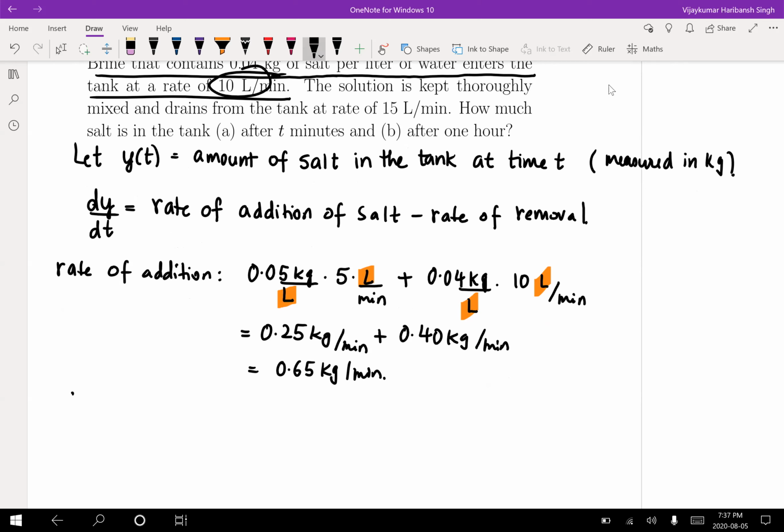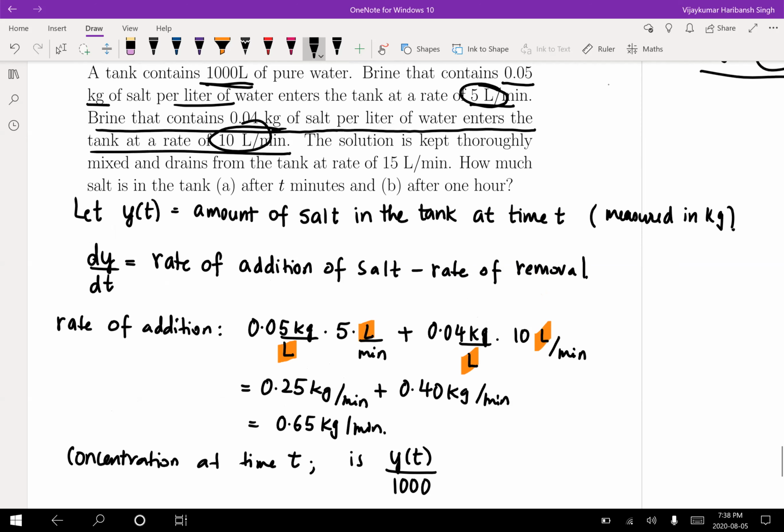So concentration at time t. We are saying the 15 liters of this mixed water is going out, so what is the salt in these 15 liters? First we need to know how much salt is in 1 liter. So concentration at time t is y of t divided by 1000. Whatever the amount of salt is, it is distributed in 1000 liters of water.